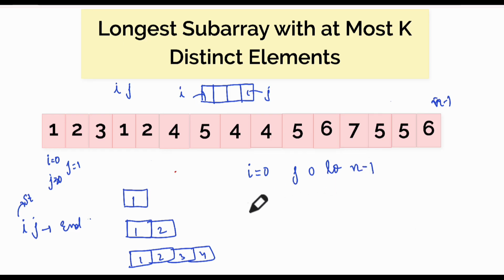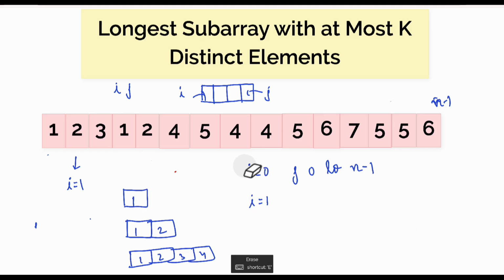Now, what will happen in the second scenario? i will become equal to 1. Because we have taken care of all the subarrays which start from i equal to 0, now i will move to subarrays which start from i equal to 1. Now remember, when i is equal to 1, j cannot be less than i. That is very important to know here, because it is not possible that the end of the subarray comes before the start of the subarray.